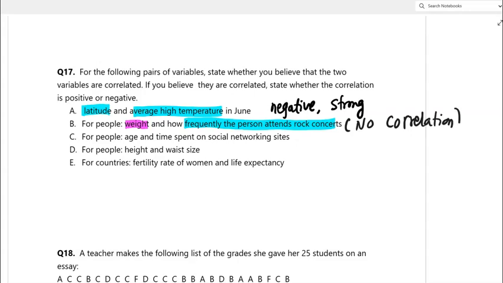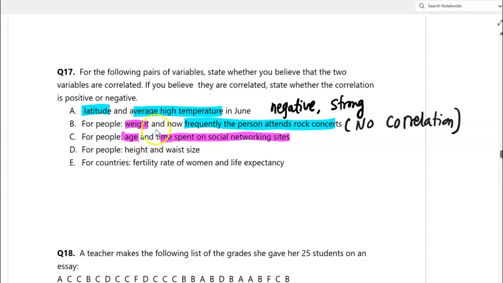That's the answer. Part C, for people again: age and the time spent on a social networking site. Age is one variable, time spent on social networking sites is another variable.